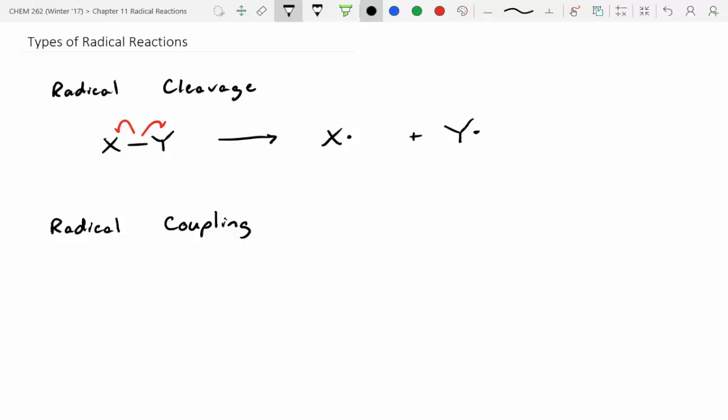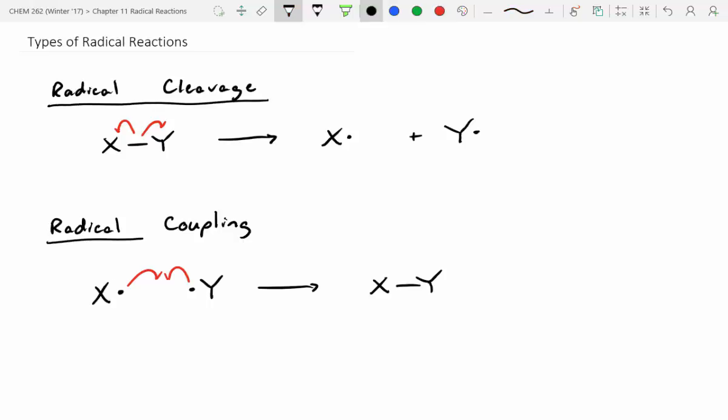And with radical coupling, you've got two radicals that essentially combine in order to form a covalent bond. And in order to show this, we essentially just have each of these fish hooks together in order to form a new bond pair. Easy enough, right?